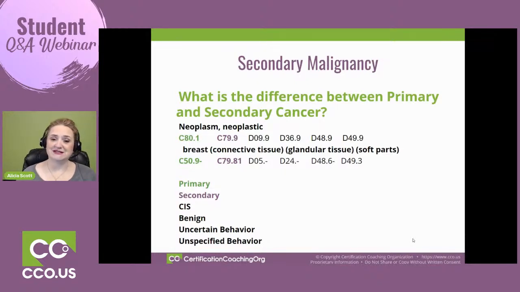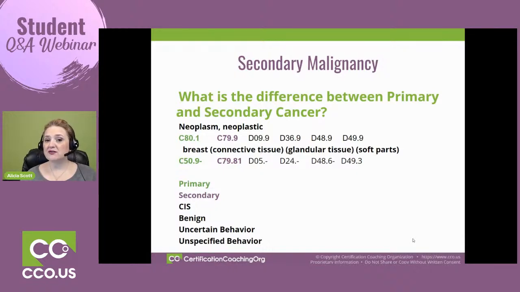The C is easy to remember, cancer. You'll have C and D codes that are cancer codes. A little tip: the neoplasm table is set up and cancer codes are set up to start with primary first. And if you look at the list that I created here that just comes from the top of the neoplasm table: primary, secondary, cancer in situ, benign, uncertain behavior, and unspecified behavior.